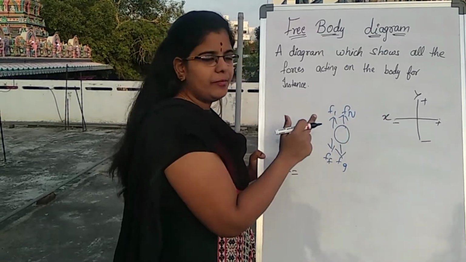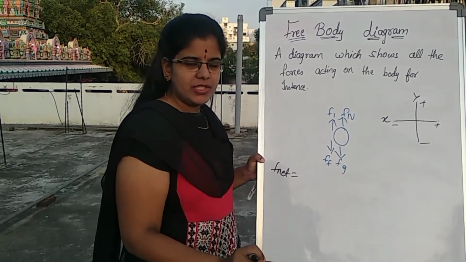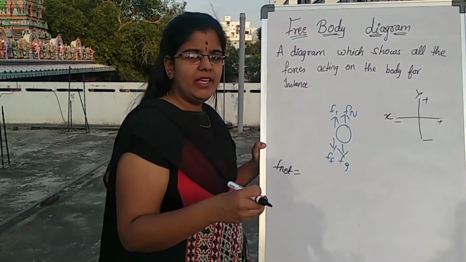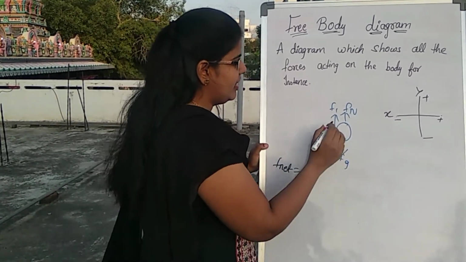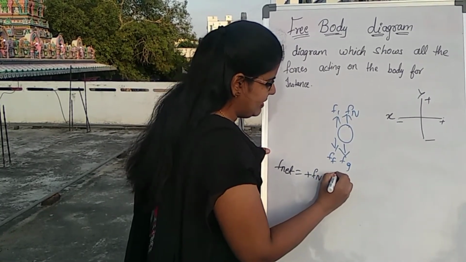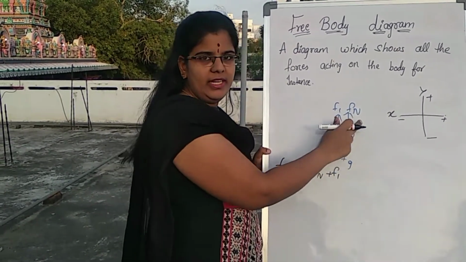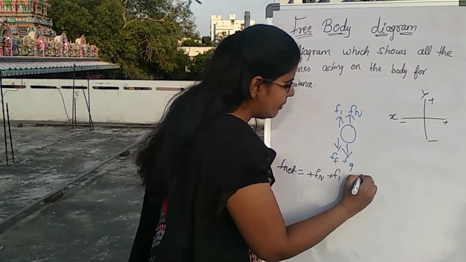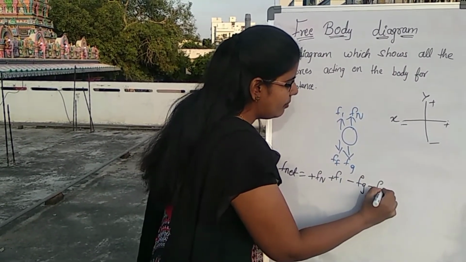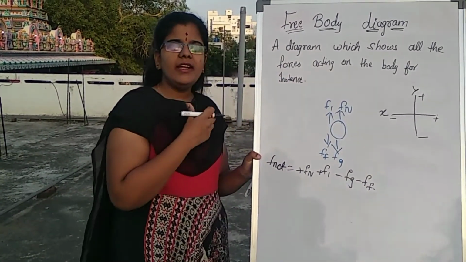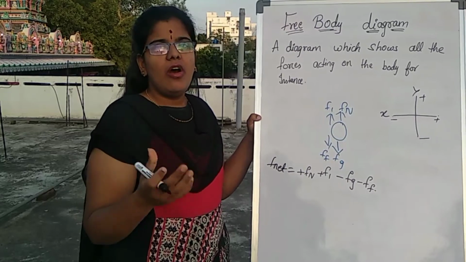Which are in the upward direction you will be taking positive, and what all are in the downward direction you will be taking in the negative. So here let us take plus Fn and plus F1, because both are in upward direction, we have taken them both plus, and we can take minus Fg and minus frictional force. So this will be the net force acting onto the object.